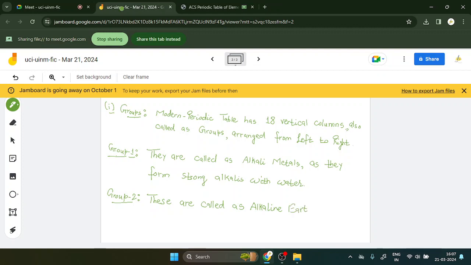Because they are found inside the earth, and they also form alkalis but weaker ones with water.